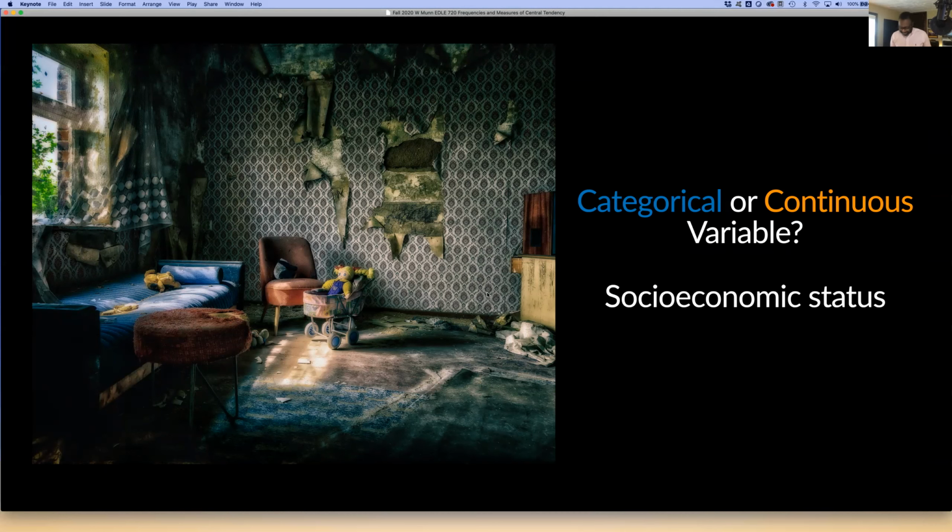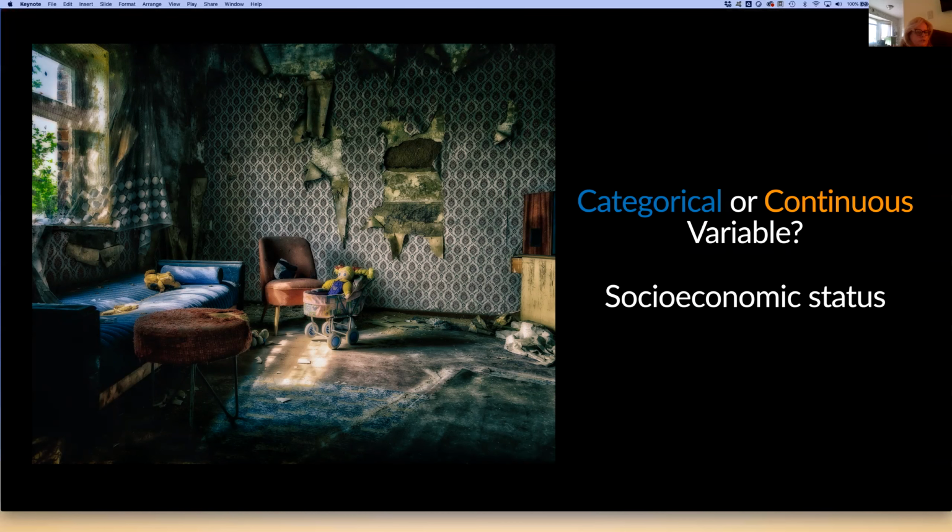Socioeconomic status. Whatever it is, I want you to tell me why. Continuous. Okay. Why? Because it could change. They may be in poverty today, and tomorrow they may not be. They can get a new job and a better income and no longer be in poverty. It depends on how you measure it.